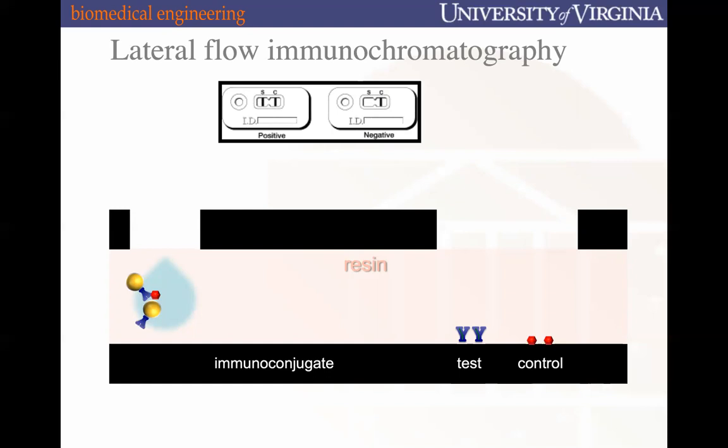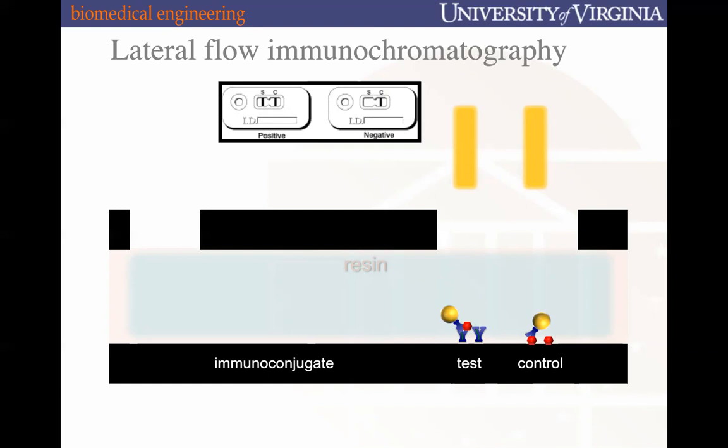Within this resin there are gold-conjugated antibodies that recognize specific antigens in the biosample. As the name implies, the sample flows laterally in this resin, where there are antibodies coated at the test site for antigen-bound antibodies with the gold particle. At the control site, there's antigen coated, so the gold-particle-conjugated antibodies will bind there.